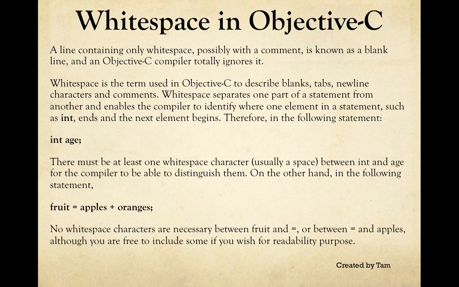On the other hand, in the following statement, fruit equals apples plus oranges, no white space characters are necessary between fruit and equals or between equals and apples, although you are free to include some if you wish to improve readability. So here we use the spaces for better readability.